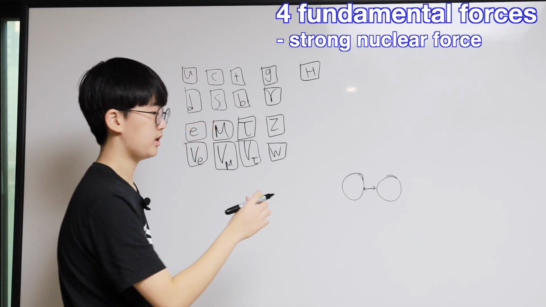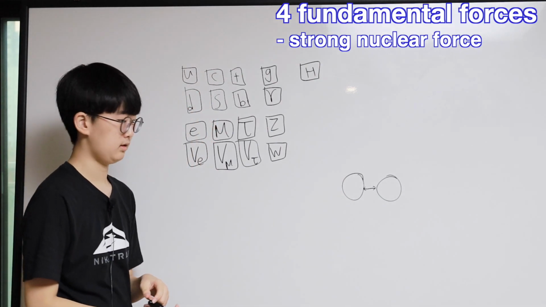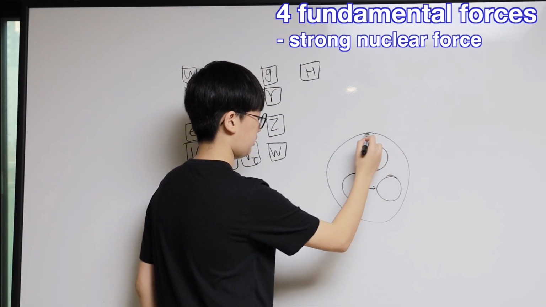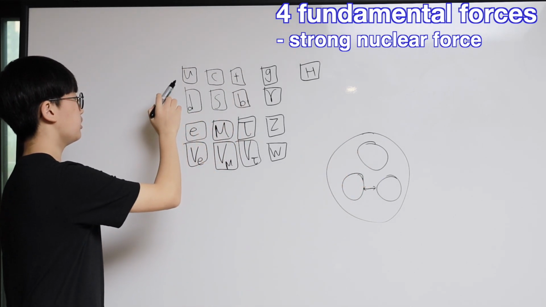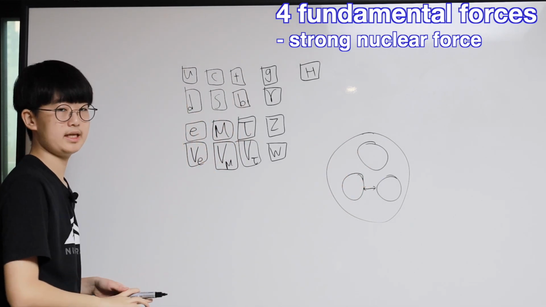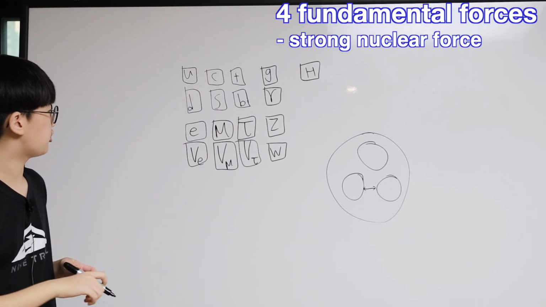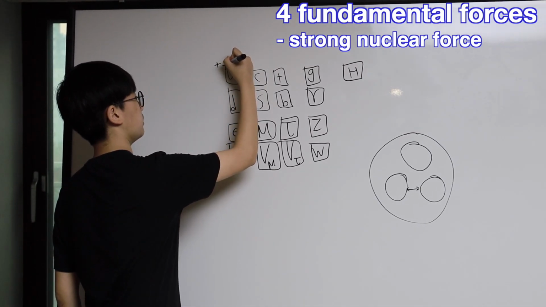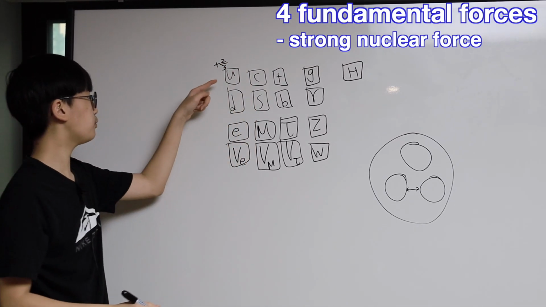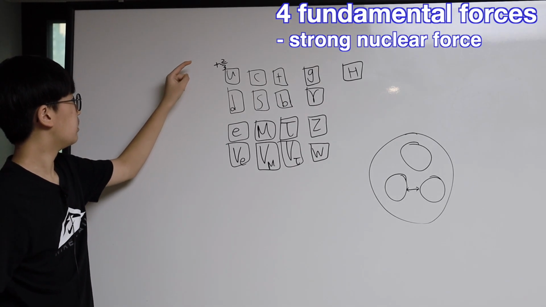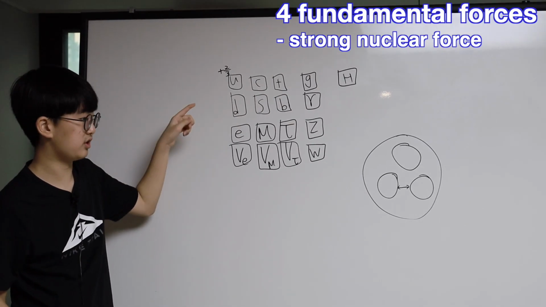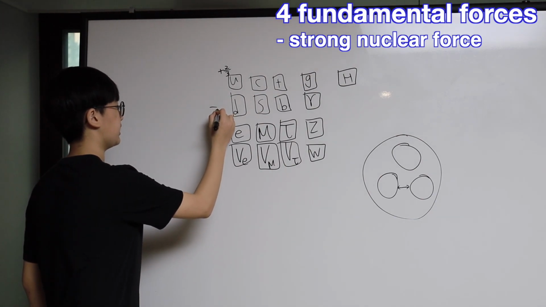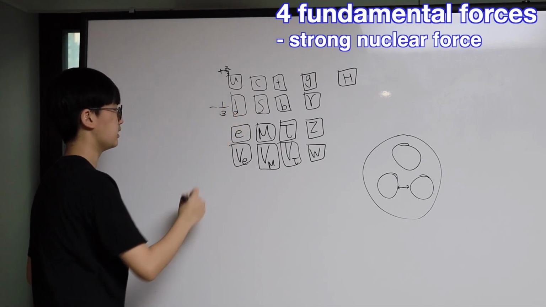And the strong force applies on quarks. So if you look at a proton, there are 3 quarks inside, 2 up quarks and 1 down quark. Also, one interesting fact: an up quark has a charge of positive 2/3, and a down quark has a charge of negative 1/3.